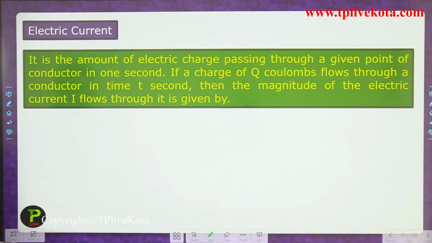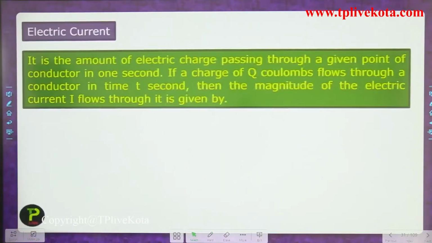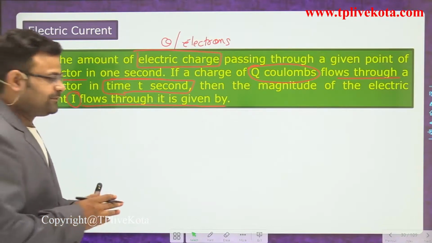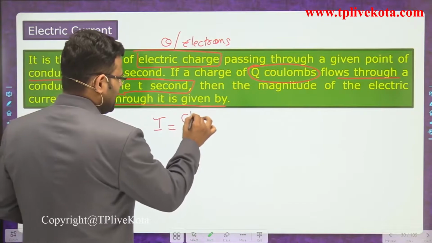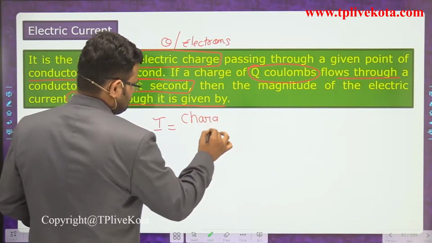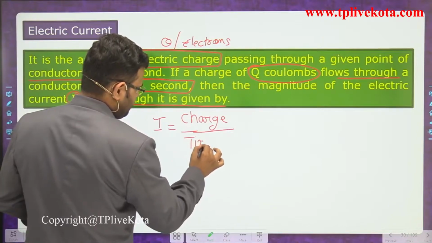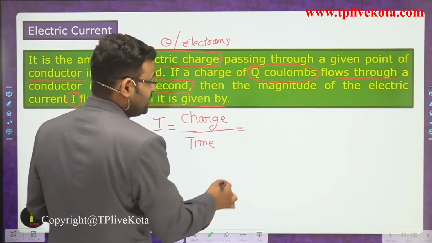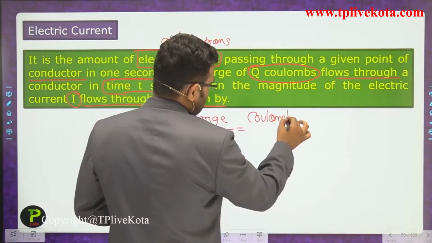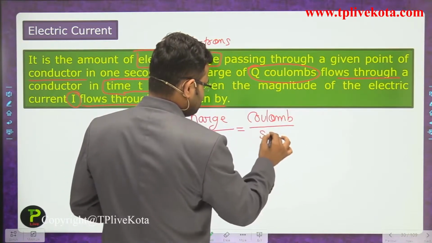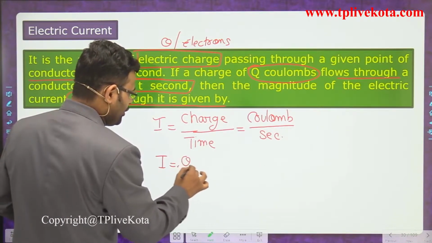So what is the definition, guys? What is the mathematical expression? The mathematical expression is I is equal to charge upon time, charge is calculated in coulombs and time is taken in seconds. That is how current flows. I is equal to Q upon T.